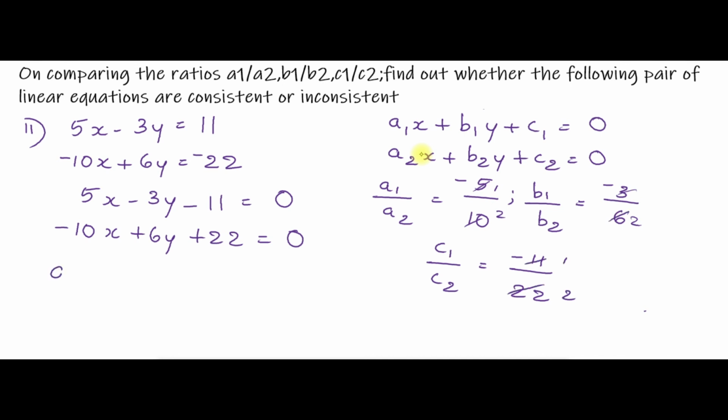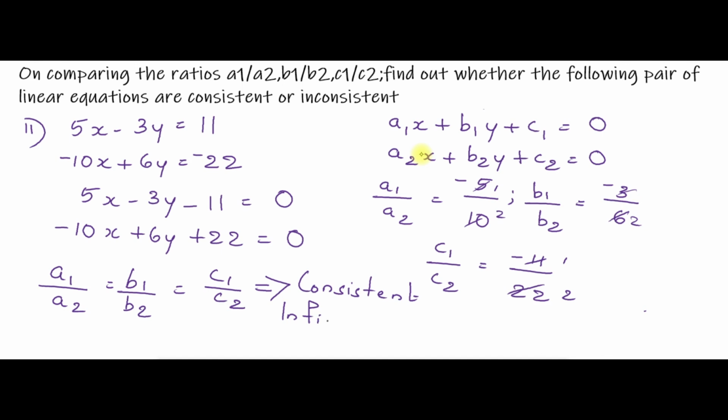So here you got the result a1 by a2 equal to b1 by b2 is equal to c1 by c2. That means it is consistent and has got infinite number of solutions.